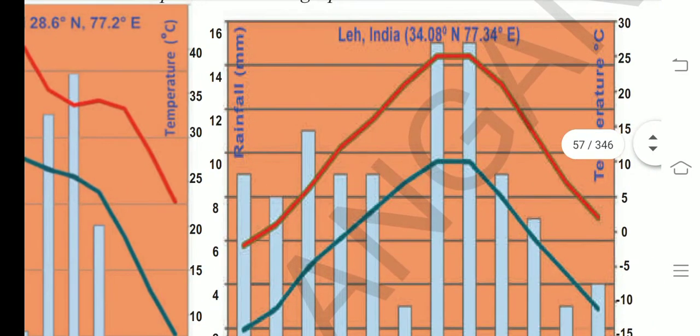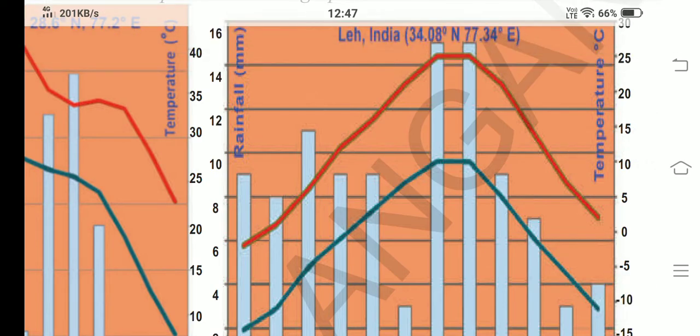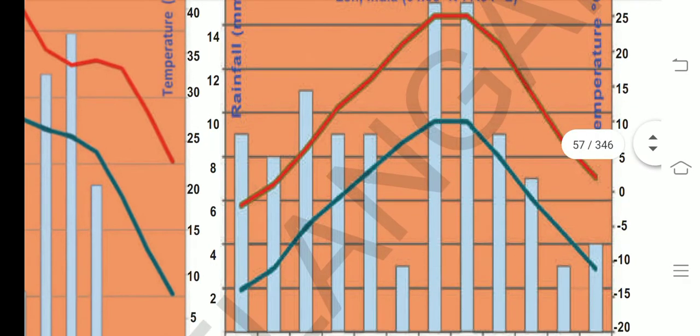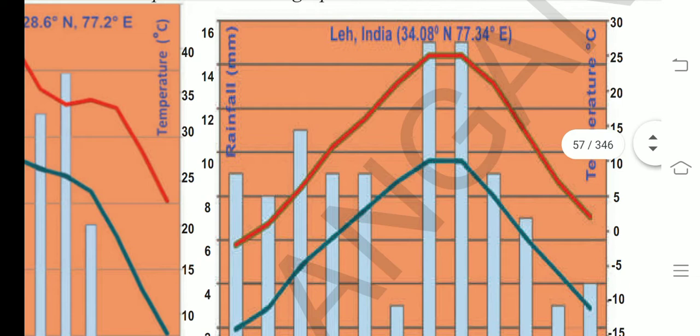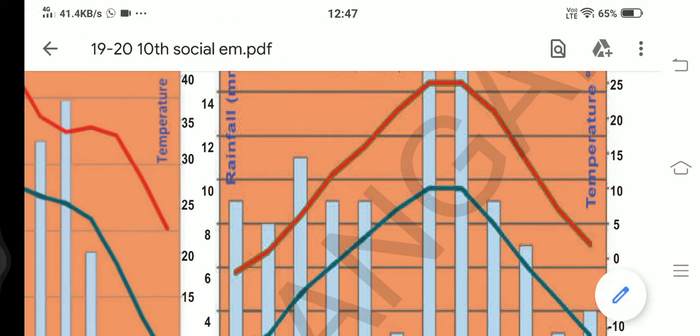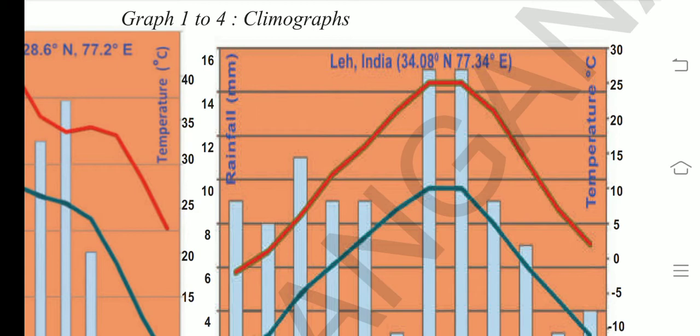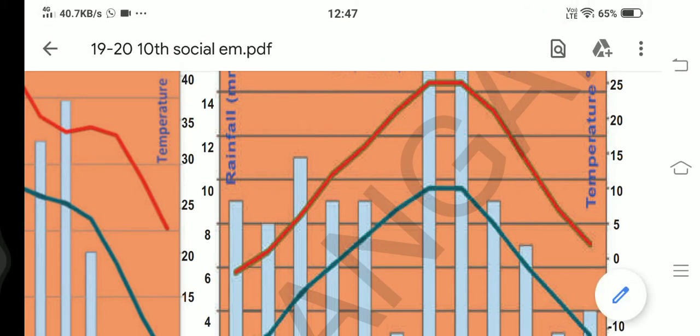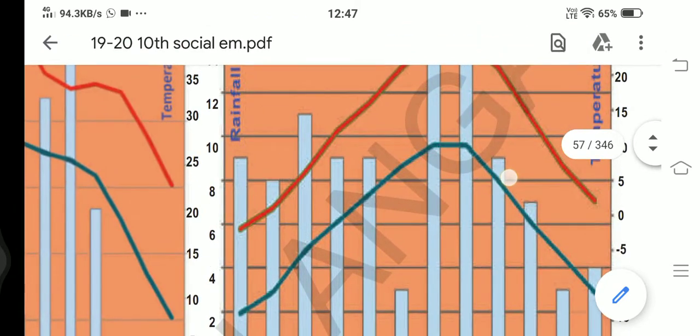See where I am keeping the dots. That is the mean maximum temperature in Leh. How much is it? It is just 2 degrees centigrade. See, 0, 5, 10. So it starts at 1 or 2 degrees centigrade, going up to 23 degrees centigrade.